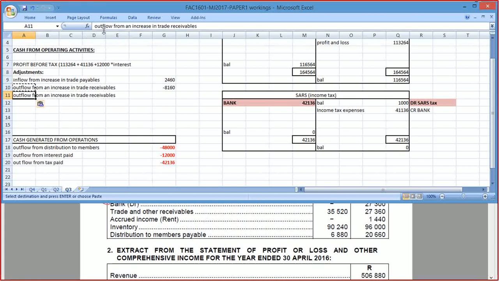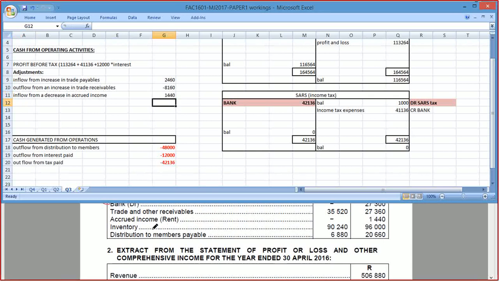Inflow. Correct. So inflow from a decrease in accrued income, that is 1440.